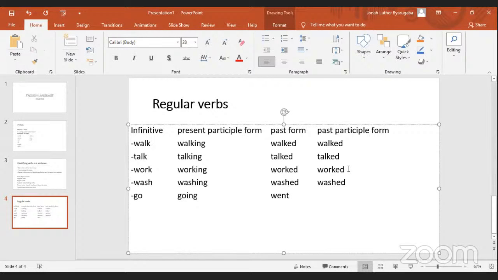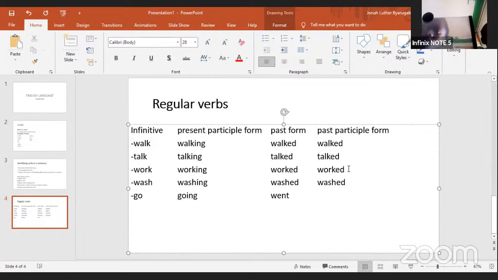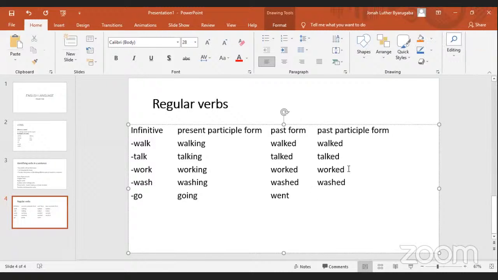And the past participle will be gone. Is the past form the same as the participle form? No. Therefore, this verb is not a regular verb. It is irregular.